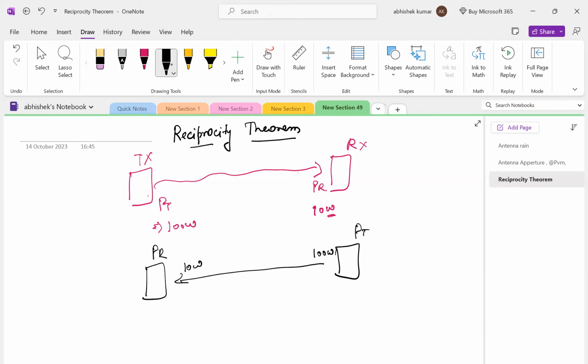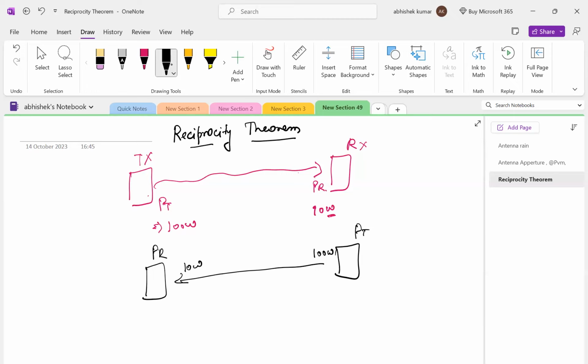If we interchange the element and get the same result at both sides, then that is known as a reciprocity element. So what is the reciprocity theorem? Even after changing the antennas' positions, both antennas behave in the same way.